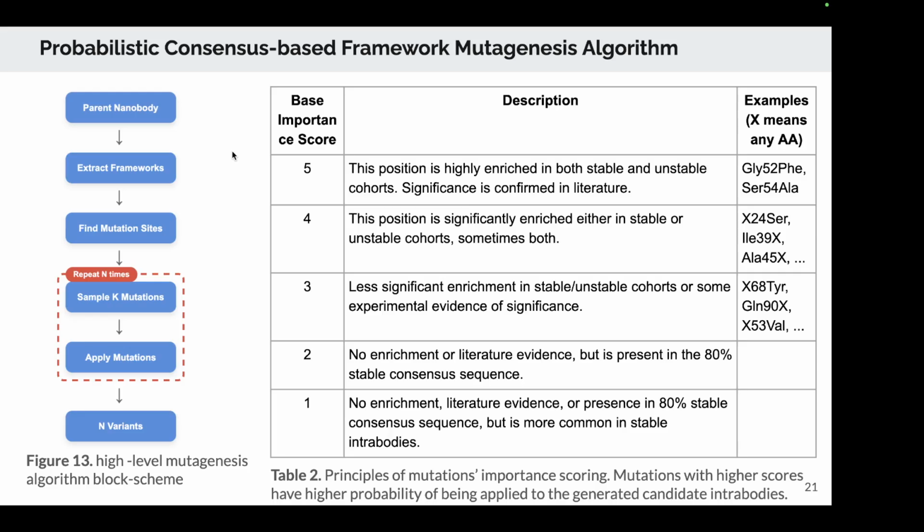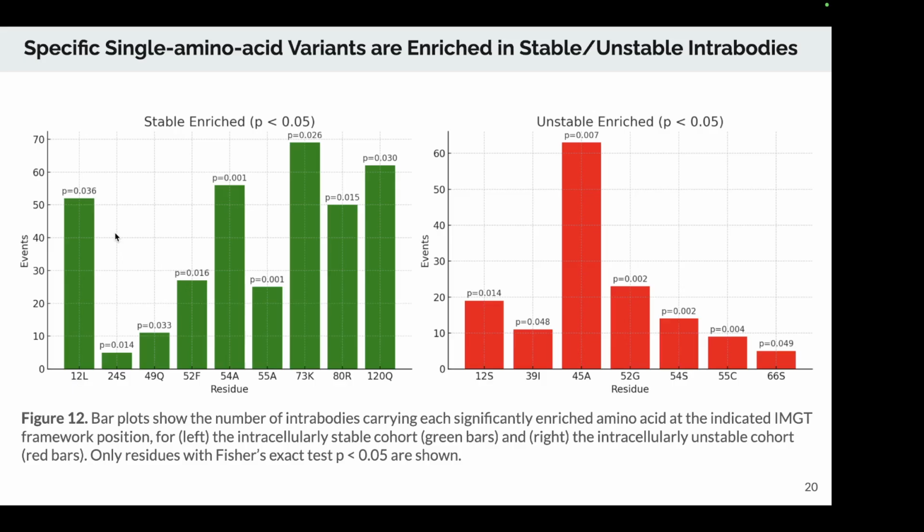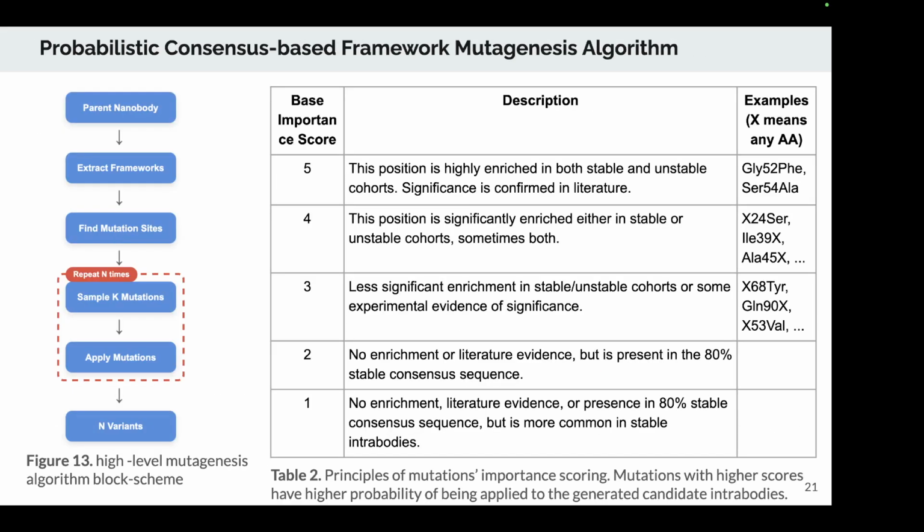mutagenesis algorithm, which basically takes a parent intrabody. It extracts only the framework parts of it, the non-highly variable parts, and then it assigns mutation sites based on this statistical information. So it's more likely to select for mutation the sites that are likely to lead to instability. Then it decides which amino acids to mutate at this position.